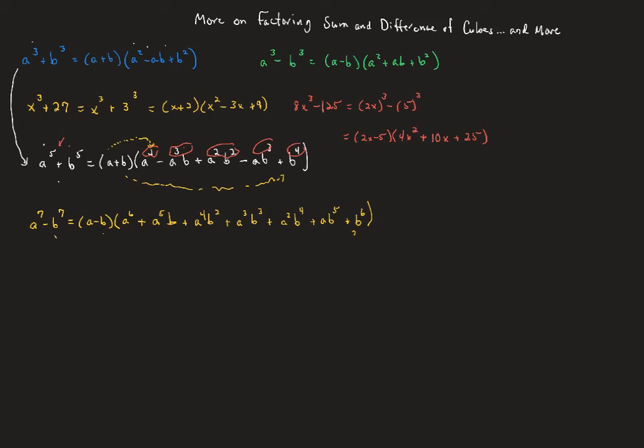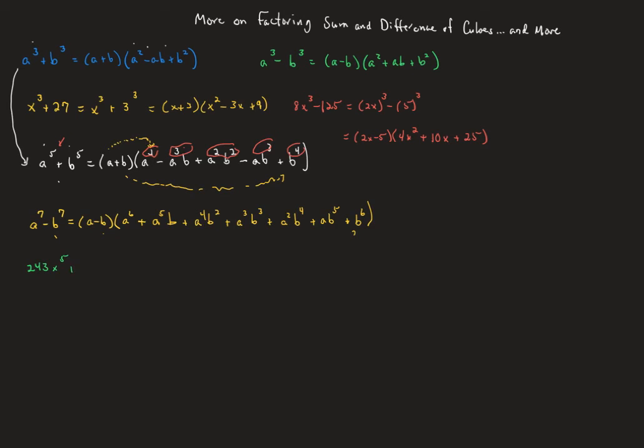So these get pretty long and crazy in a hurry, but let's see one example of how this might work. Let's do something we can actually handle, maybe. I'm going to take 3 to the fifth. 3 to the fourth is 81, times 3 is 243, so 243 x to the fifth.